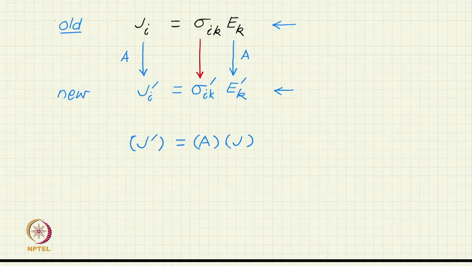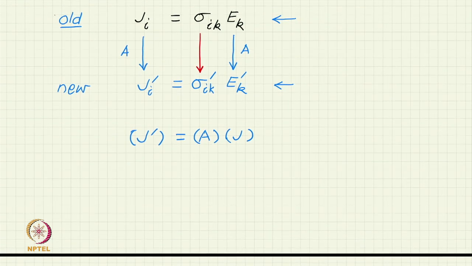So, this is our relationship from going from old J to new components of J: you get it by multiplying with the matrix A. Same thing works for E. The column of E prime is matrix A times column of E.